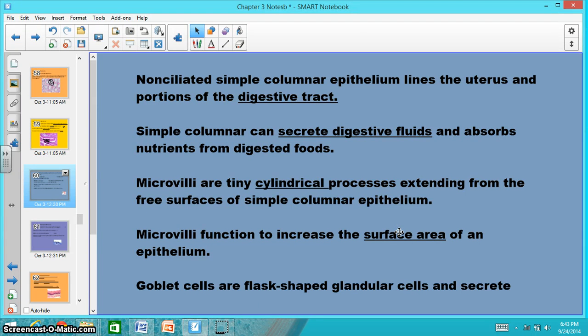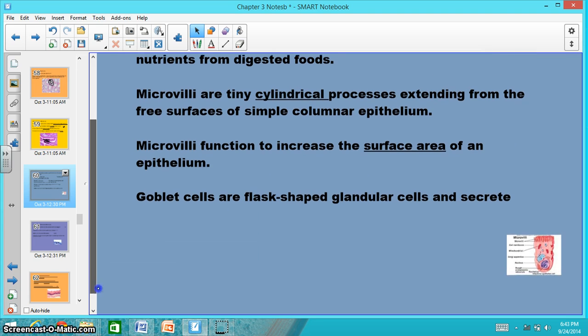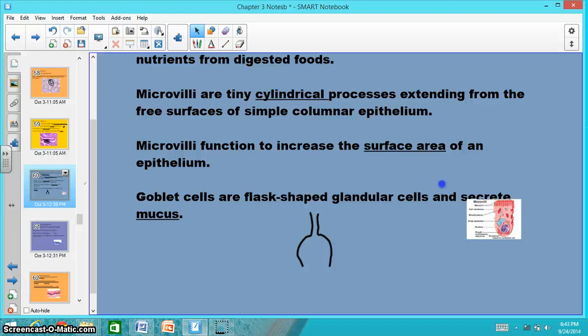And then embedded within the simple columnar epithelium are these goblet cells, which are kind of shaped like a flask. They kind of look like that a little bit, and then they secrete mucus, okay, which helps with the movement of different substances throughout your digestive tract, throughout the uterus, throughout the uterine tubes.